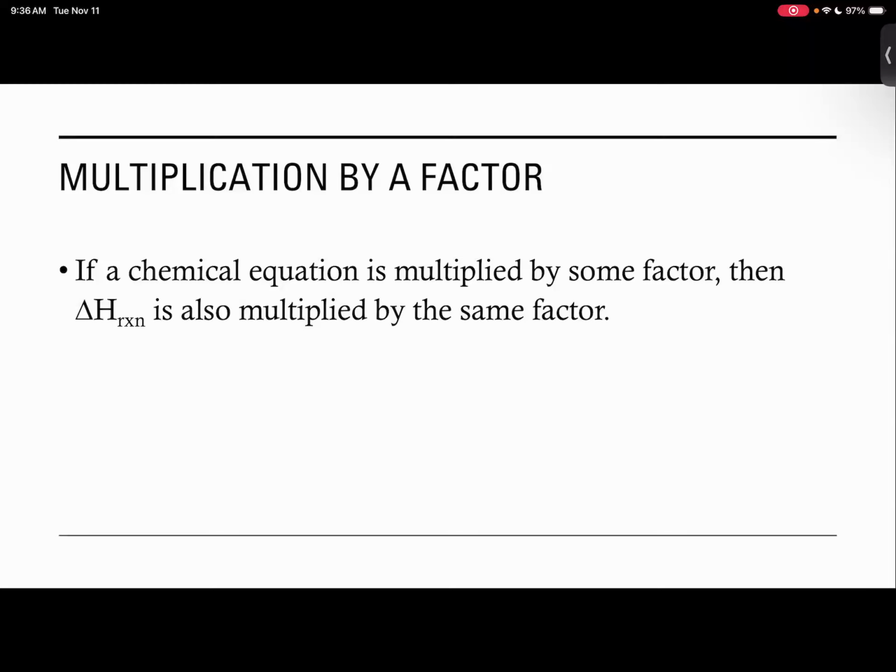Let's just look at a generic example. Let's say I have the reaction of A plus 2B goes to form C plus 3D. And this reaction has a delta H equal to 155 kilojoules.